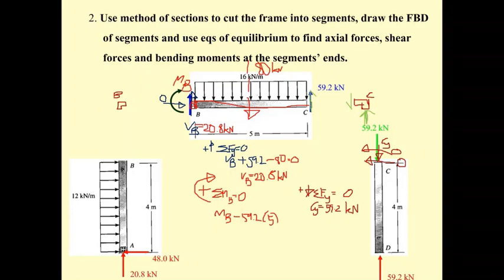And then we have the resultant force of 80 kilonewton, which acts at the half of 5 meters. So this is going to be in this direction, plus 80 times 2.5. And then make it equal to 0.